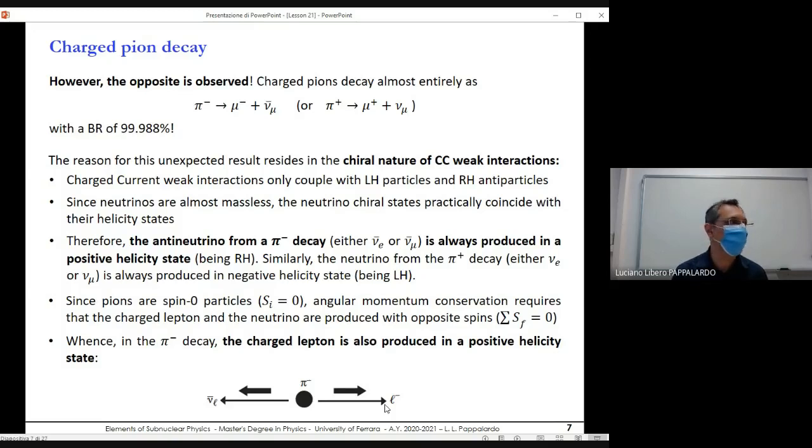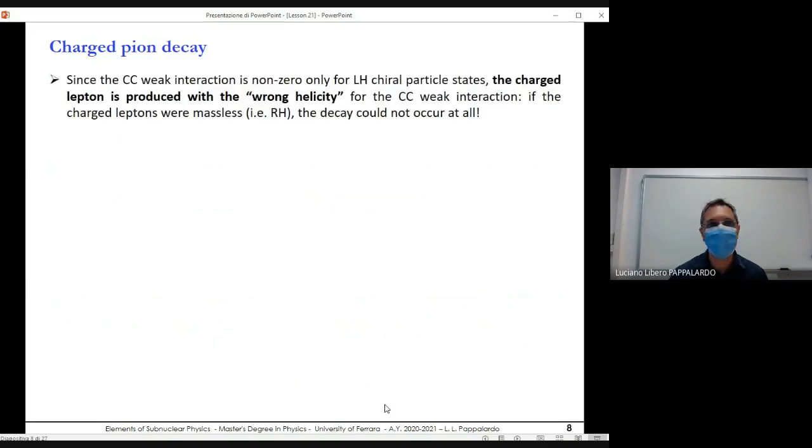But it is not so good for the electron or for the muon, because they are fermions, and so they can only couple weakly if they are left-handed, and so one should expect a negative helicity instead, right? So in other words, since the charged current weak interaction is non-zero only for left-handed charged particles, the charged lepton, either the electron or the muon, in the decay is produced with the wrong helicity.